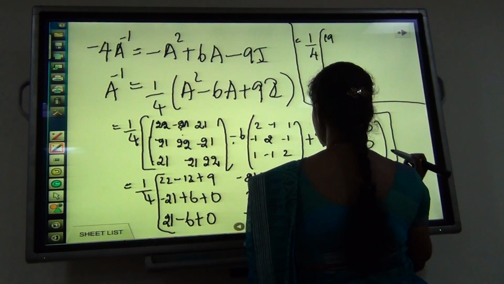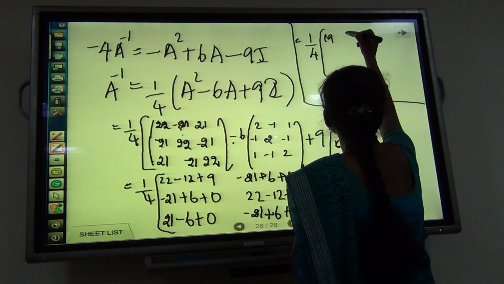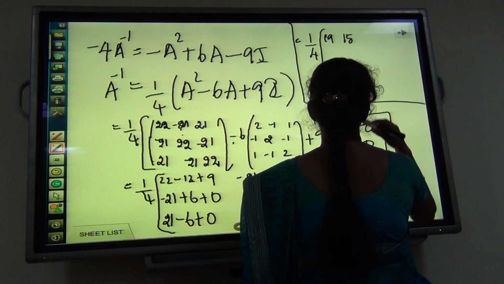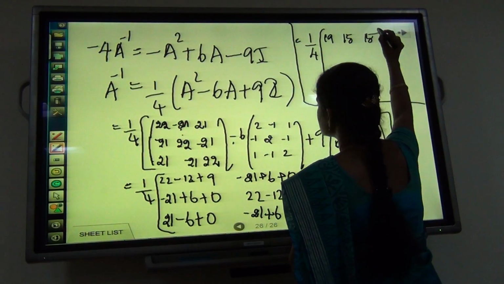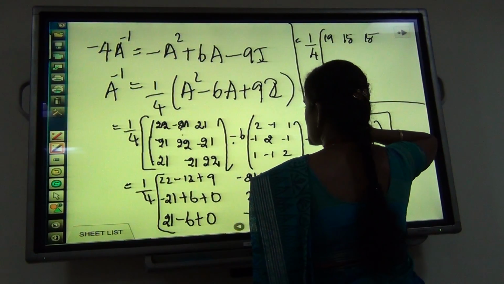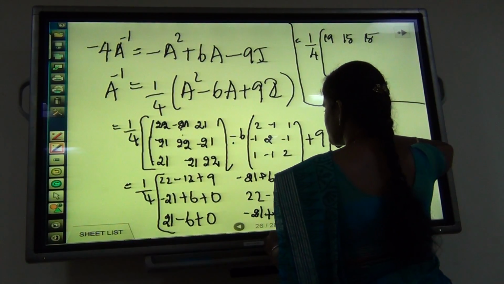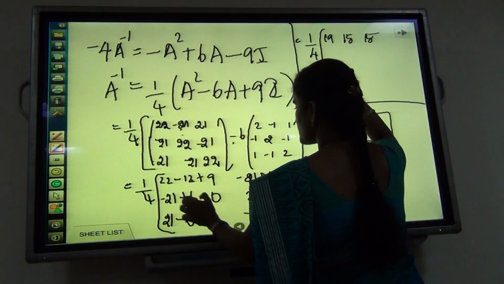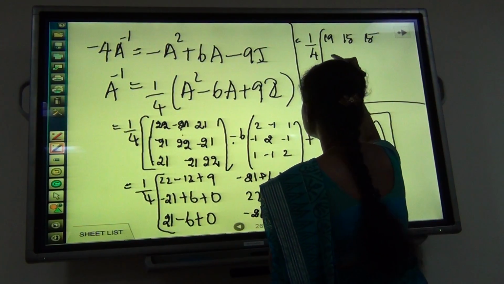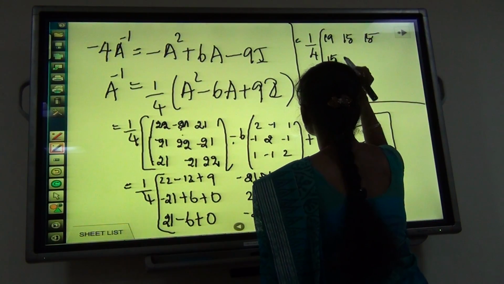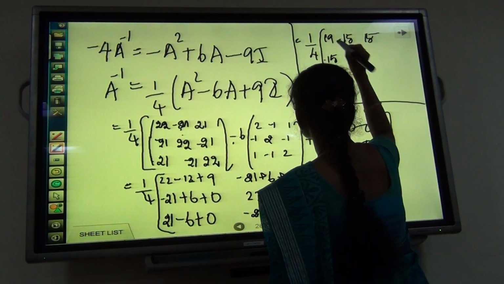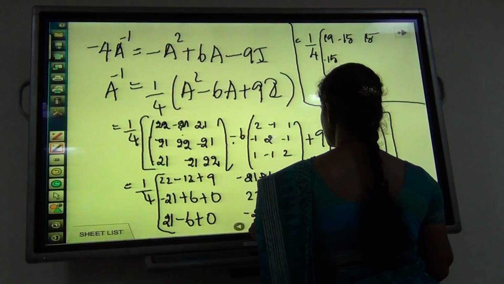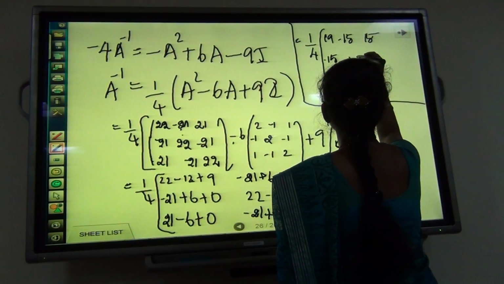Here it is minus 21 plus 6, it is 15. Here you get 15. This is minus, this is also minus. Here it is 22 minus 12 plus 9.